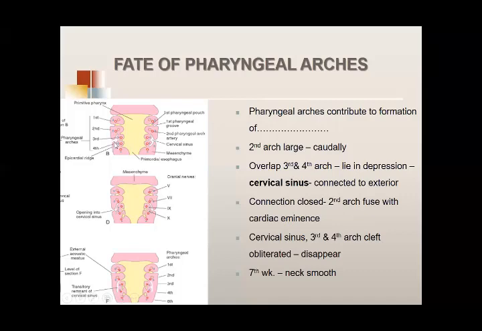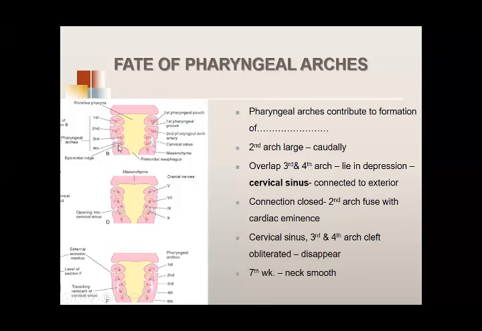Okay. अब ये जो depression produced because of overlapping of the second arch, third and fourth arch are being overlapped by the second, so that the third and fourth arch are lying in this depression or a cleft.